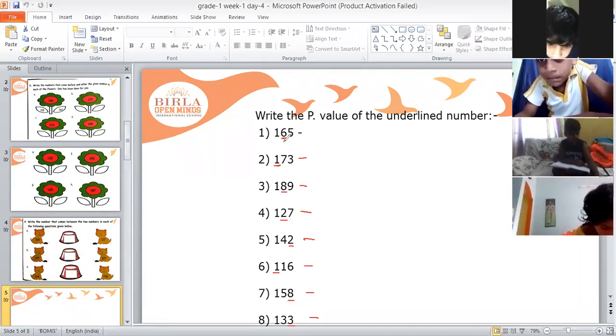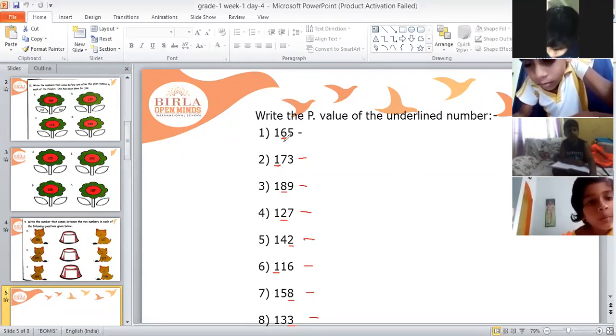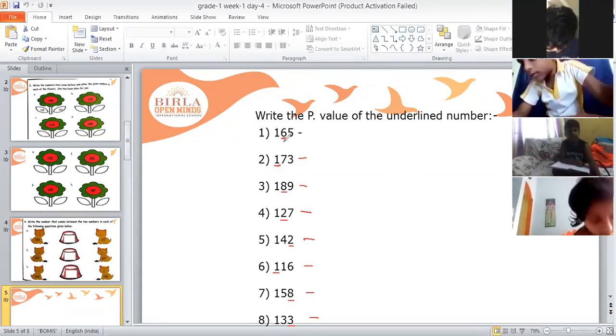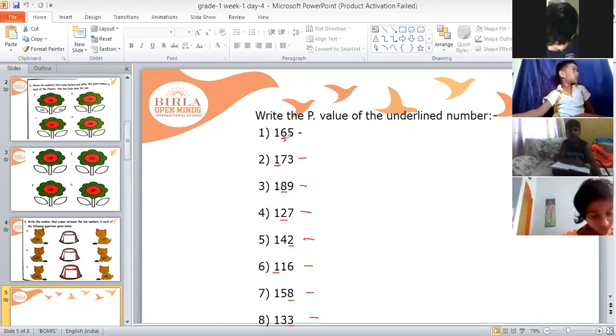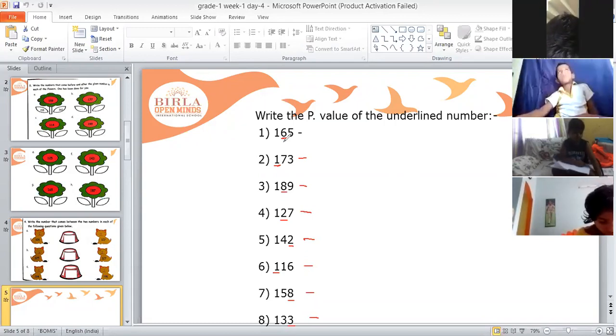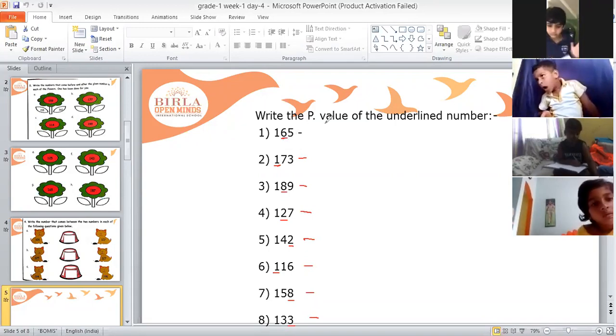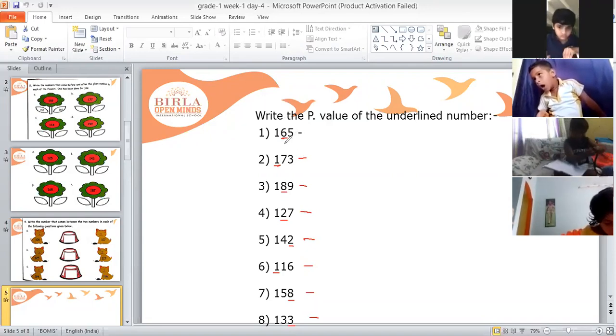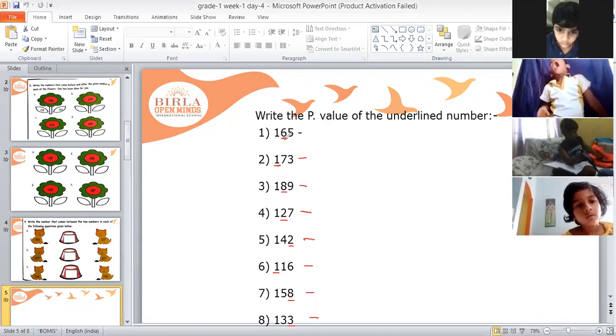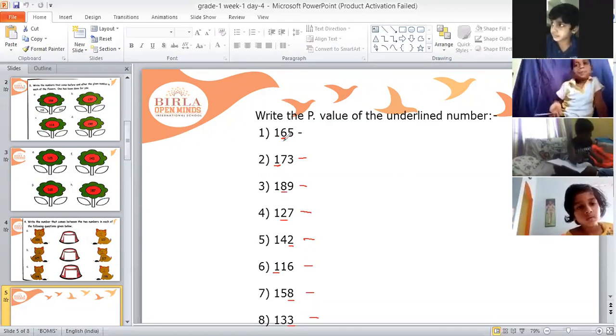Now see here, children, how you will tell the place value of any number. As I have told you earlier also, you have to see what is the place of that digit in that number. Number is 165, and we are talking here about this underlined number, that is 6 here.